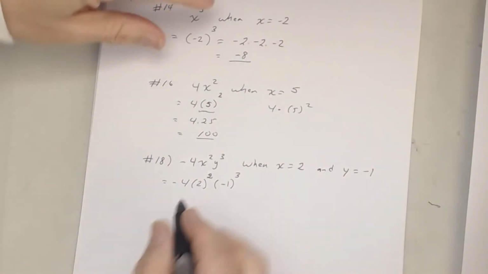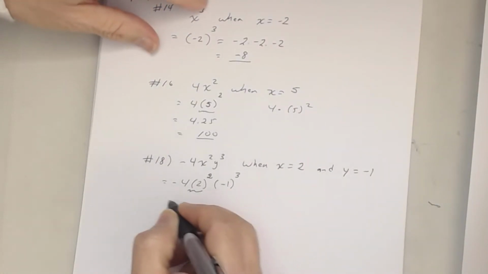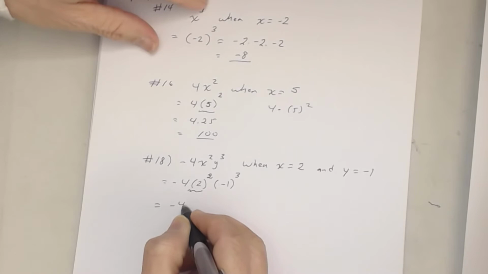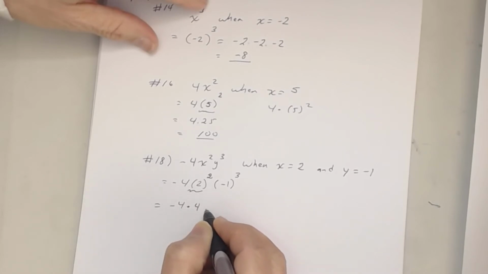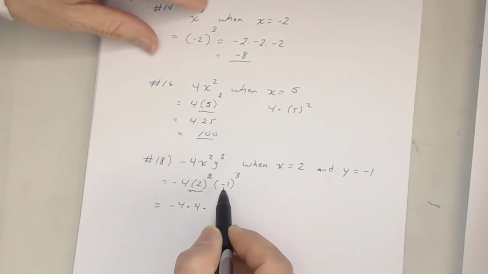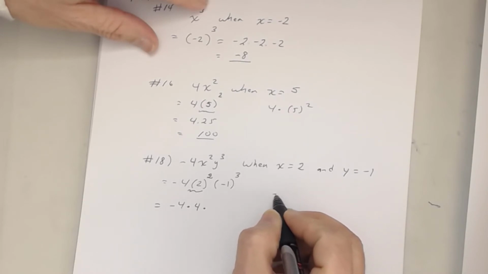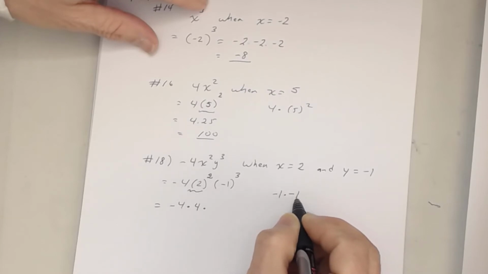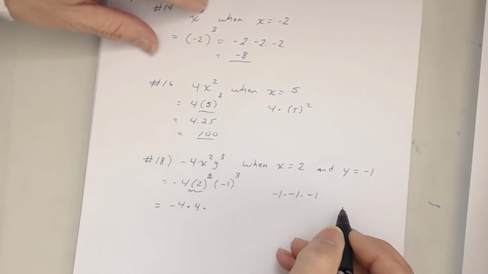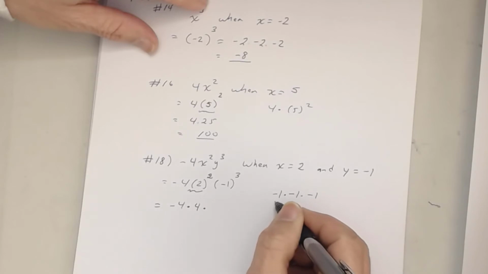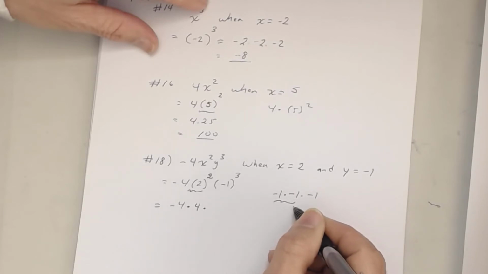So let's do that first exponent. What's 2 squared? So I got negative 4 times 4, and what's negative 1 cubed? Negative 1 cubed means negative 1 times negative 1 times negative 1. Negative 1 times negative 1 is positive 1.